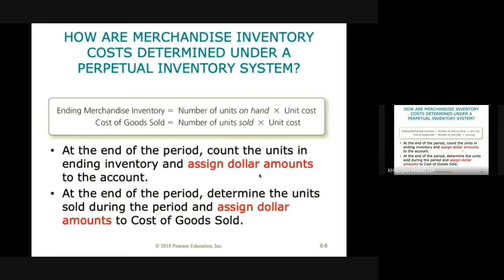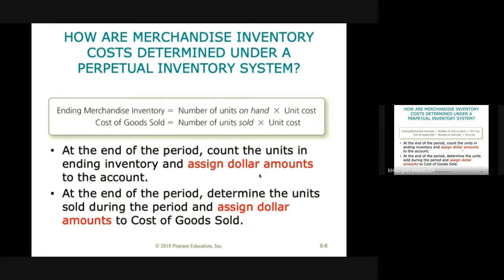If you're looking at closing inventory or the ending inventory, look at what is in your hand times the unit cost. But if you want to know the cost of the goods that you sold to your customer, then you look at the number of units that you have sold times the unit cost. Under perpetual, you will have your cost of goods sold, COGS.